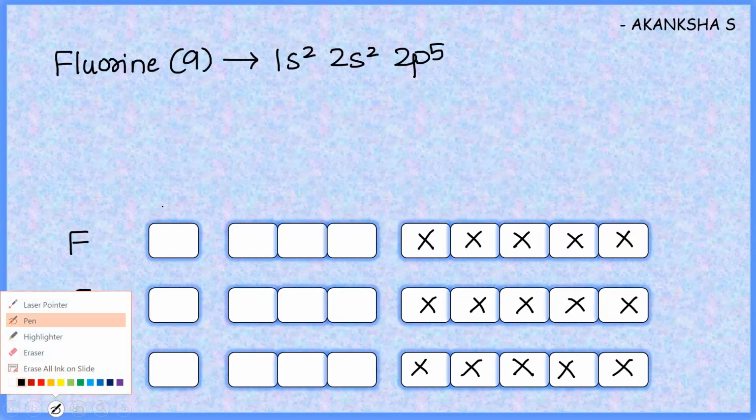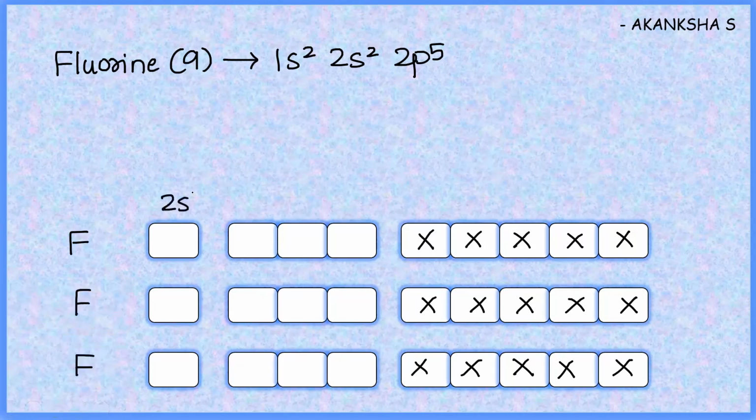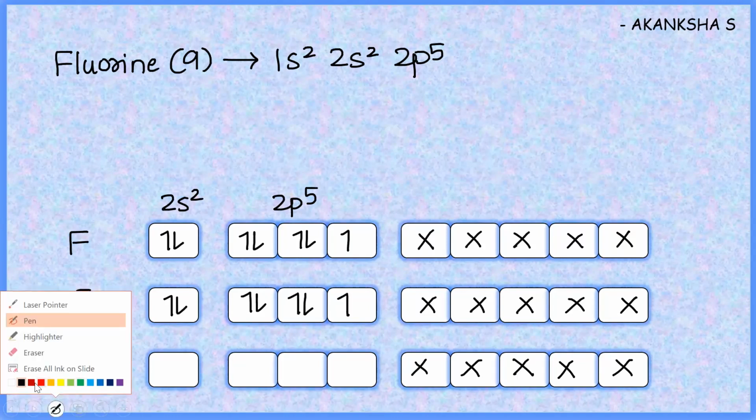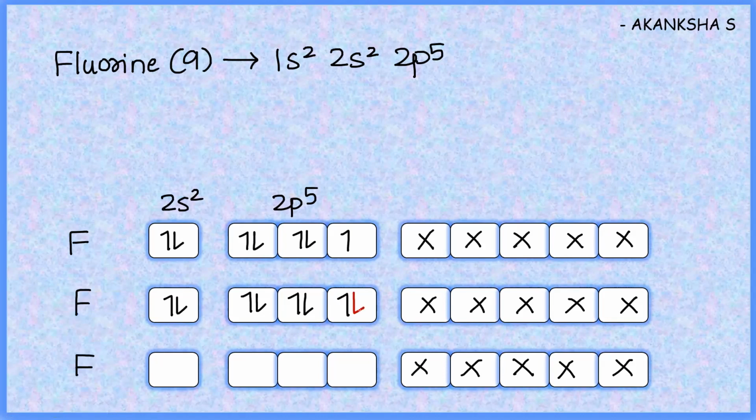So how does fluorine look? It looks like 2s2, 2p5. Unpairing is not an option, but let's say an electron comes and sits in, it becomes -1 charge.